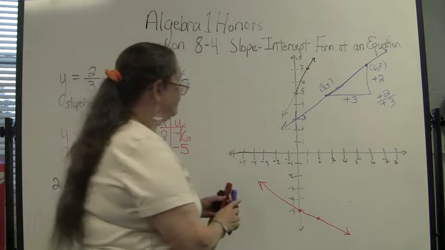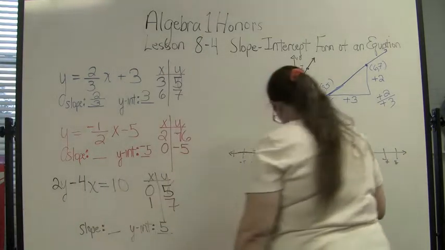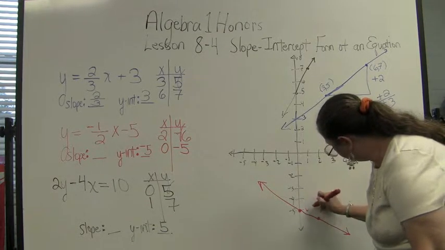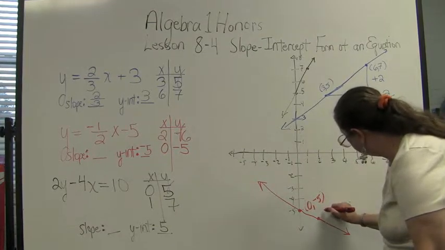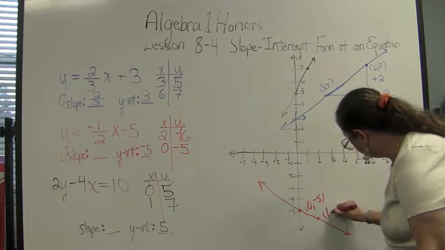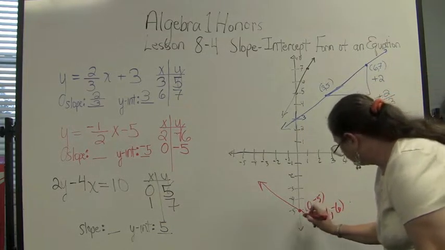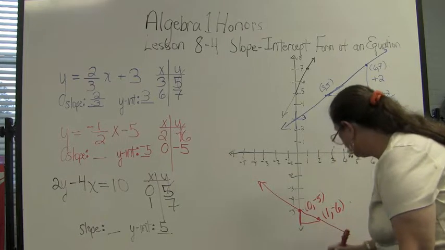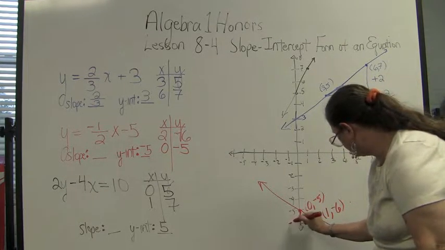Okay, let's do the slope on our red line. Our point right here is 0, -5, and our point right here is 2, -6. Okay, so let's look at our slope. Let's draw our little right triangle there.